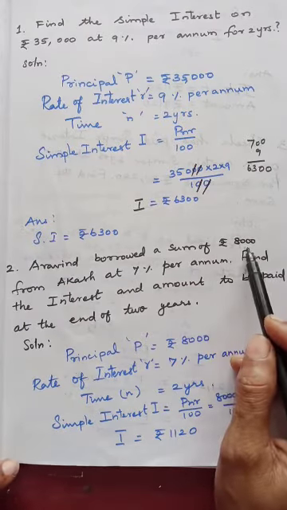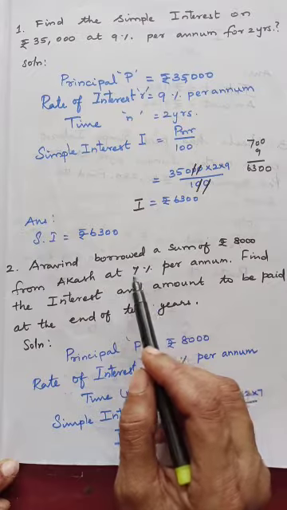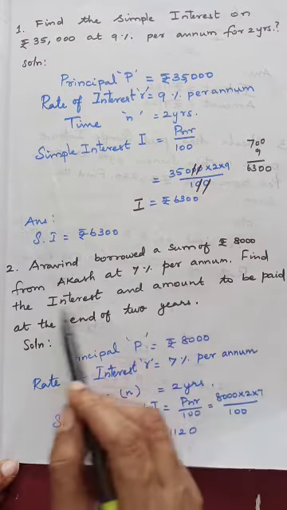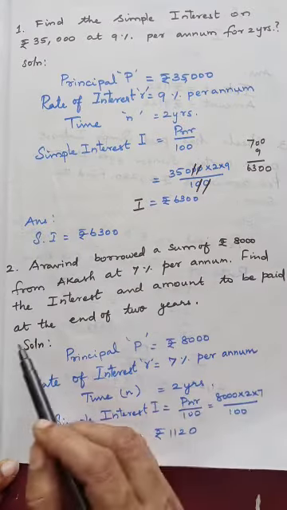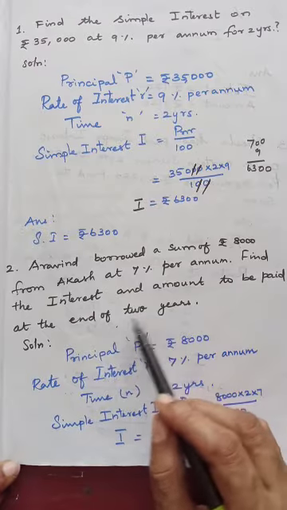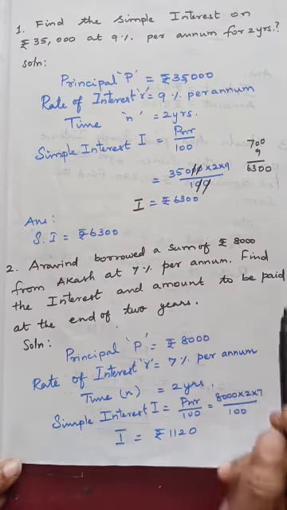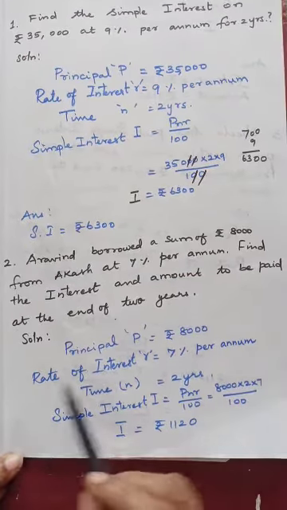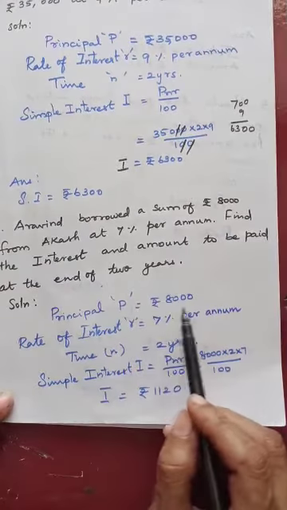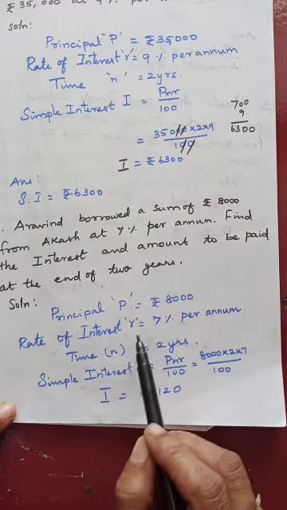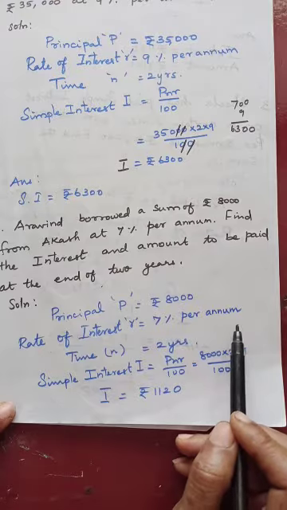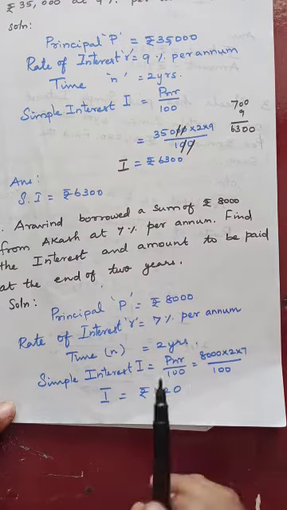This is the principal and this is the rate of interest. 2 years is the number of years. Now solution. Principal P is equal to rupees 8,000. Rate of interest R is equal to 7% per annum. Time N is equal to 2 years.